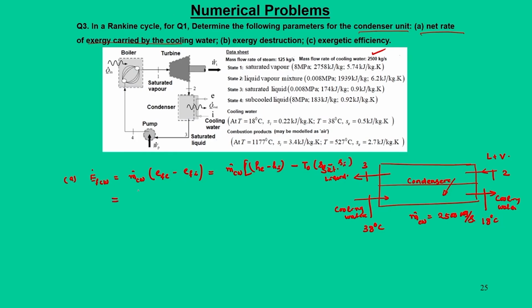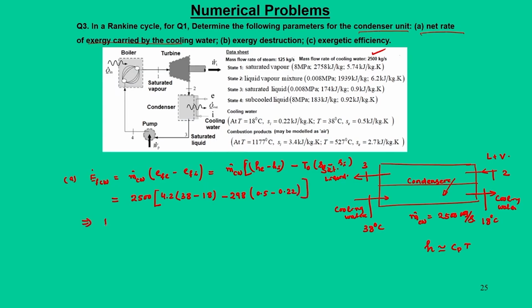By inserting the numbers, we write 2500 kg per second multiplied by, since it is water, H can be modeled as Cp times T. So, it is 4.2 into the temperature difference 38 minus 18, minus 298 times the entropy data, which gives 0.5 minus 0.22.